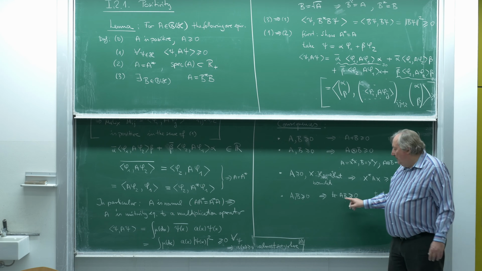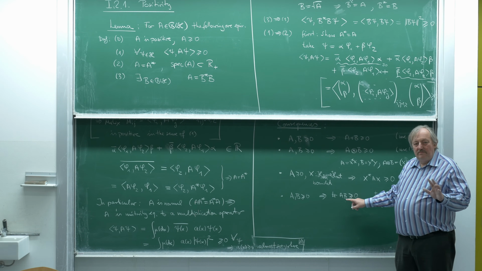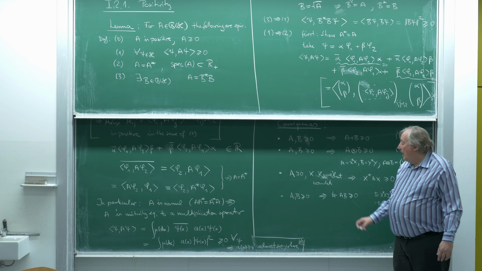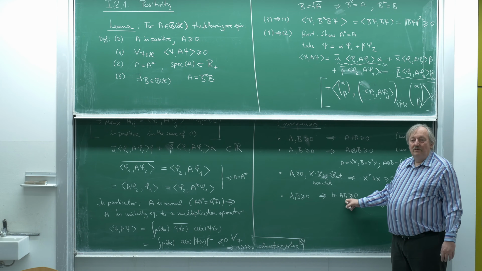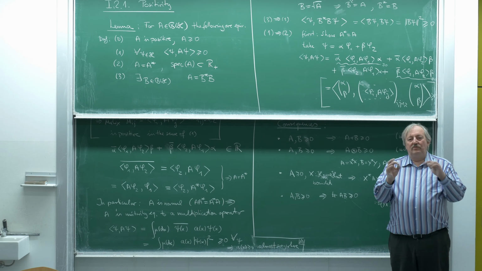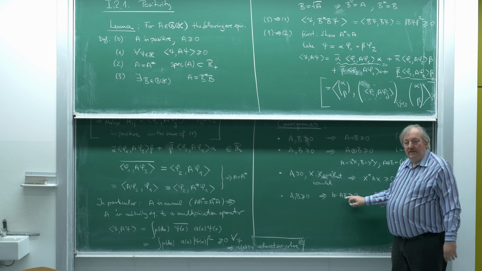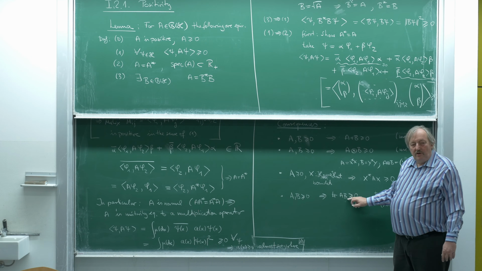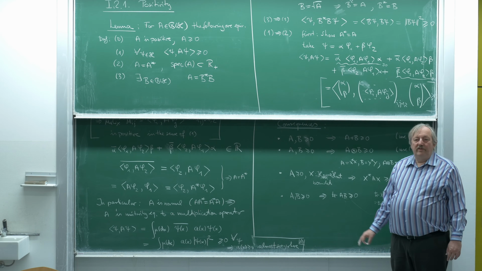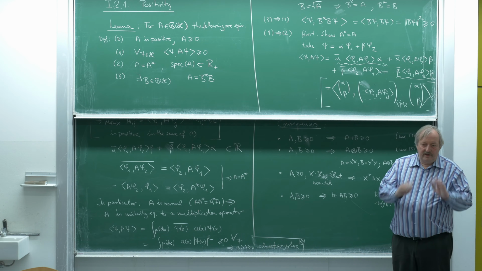Now, AB is not positive. The product of positive operators is not positive. It's not even Hermitian. Unless, actually, when is this Hermitian? A product of 2 Hermitian operators. For that to be Hermitian, if you star that, you reverse the order of factors. So the product of 2 Hermitian operators is Hermitian if and only if they commute, which is the boring case.